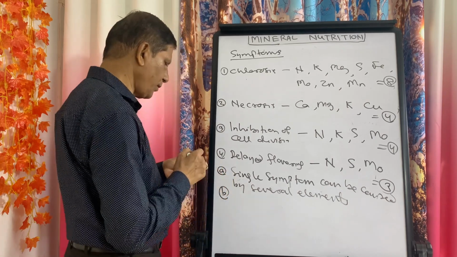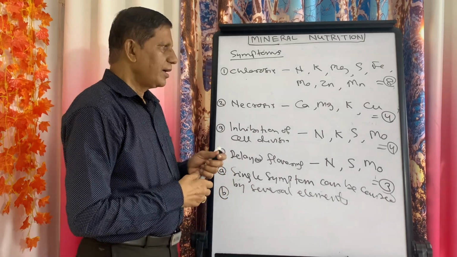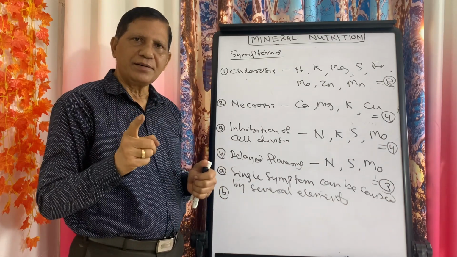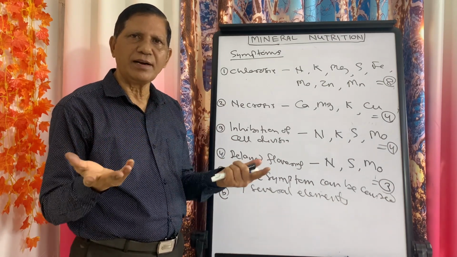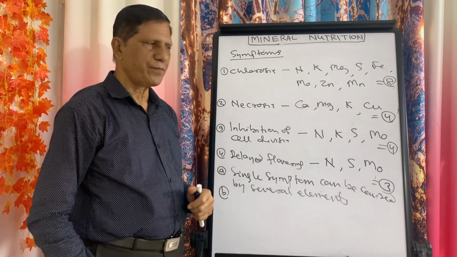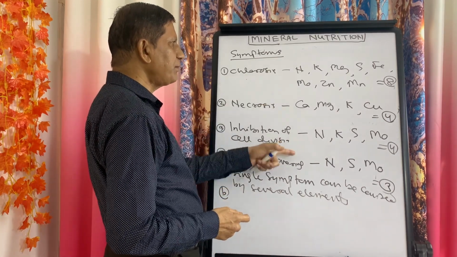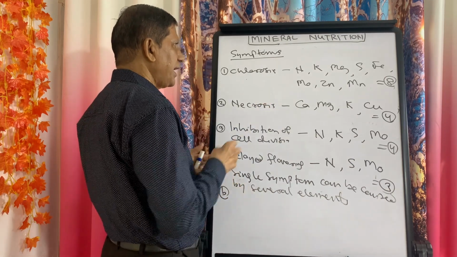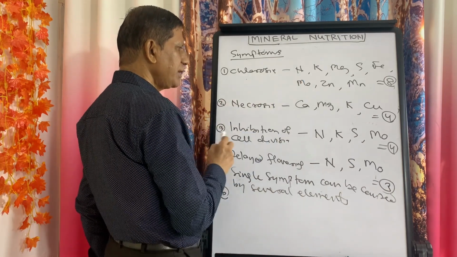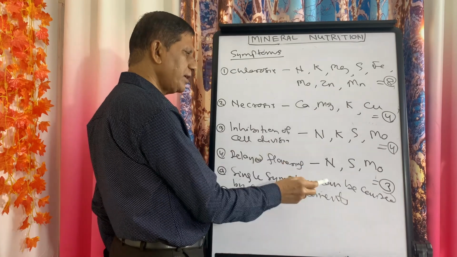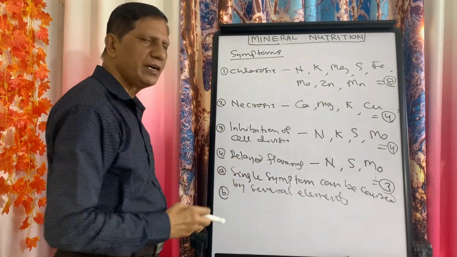Now what is the other one? One element can cause several symptoms. In how many symptoms is nitrogen present? Nitrogen is present in chlorosis, in inhibition of cell division, and also in delayed flowering.